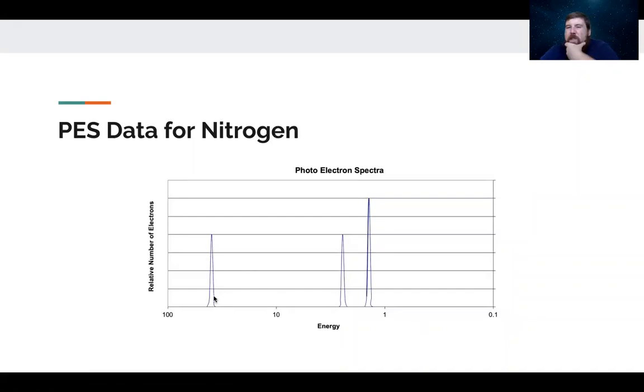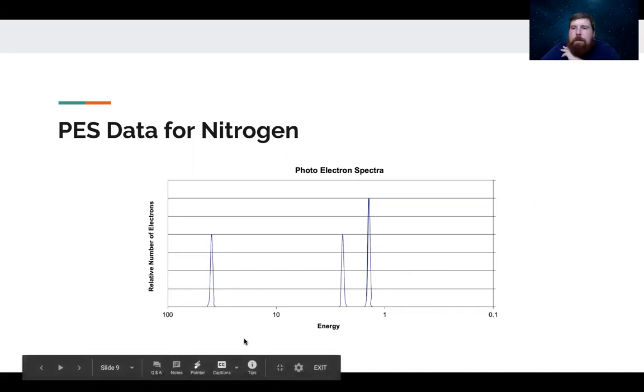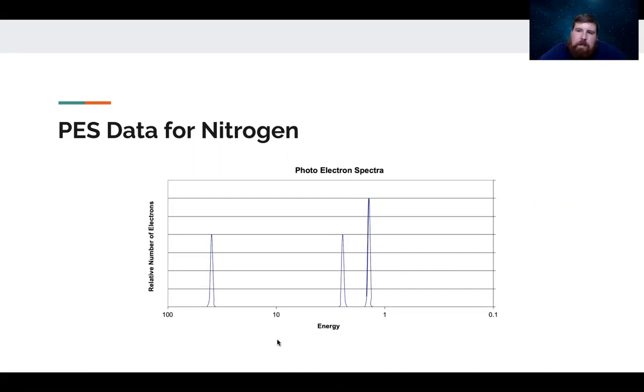Why would sodium's 1s peak be further to the left? Well, what we're doing is we're looking at ionization data for these electrons. We're basically looking at how much energy it takes to remove the electrons from each one of these respective subshells. So if you have electrons in the 1s shell for nitrogen versus electrons in the 1s shell for sodium, the electrons in the 1s shell for sodium are going to be significantly harder to remove.